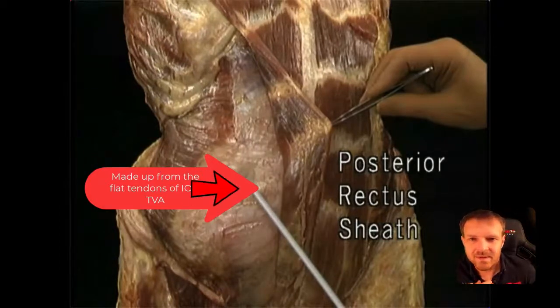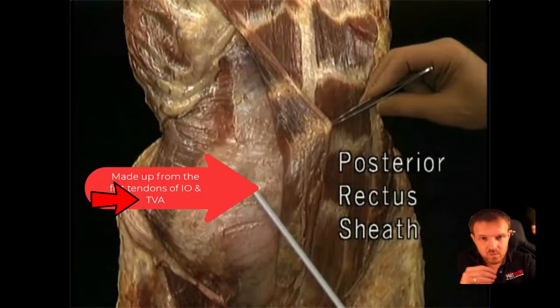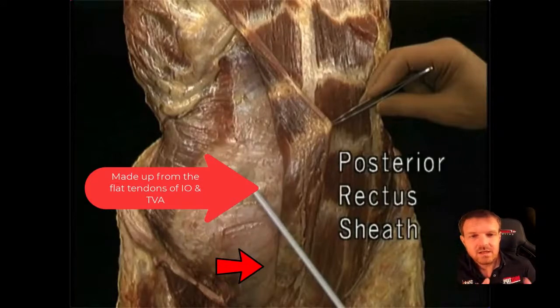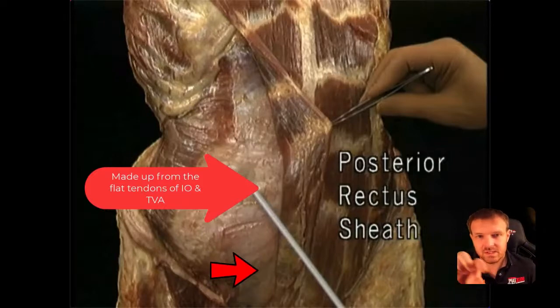So here on this bit, it's made up of the tendons of the internal oblique and the transverse abdominis. Those were the ones that were going under. Whereas down here, lower down in the abdomen, you don't have a posterior rectus sheath made up of those tendons anyway. So down here, it's made up of the peritoneum and the transversalis fascia.